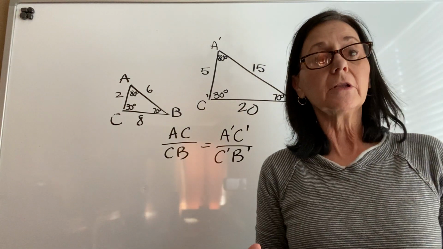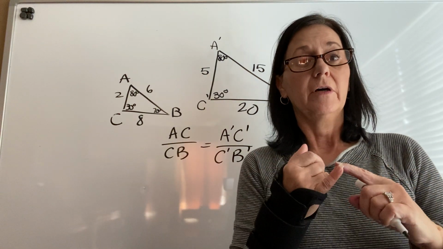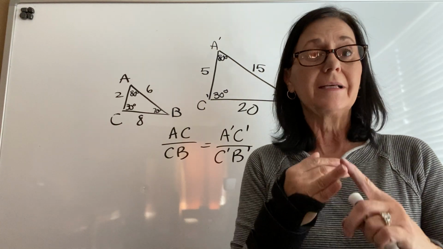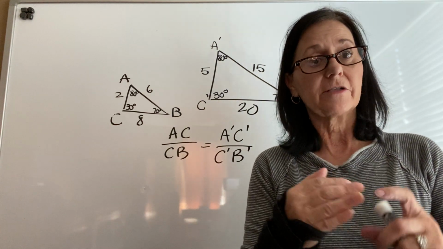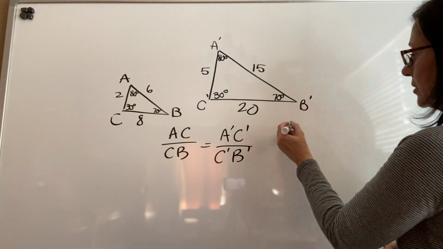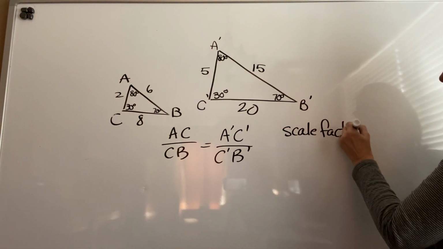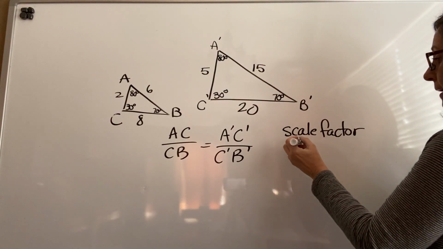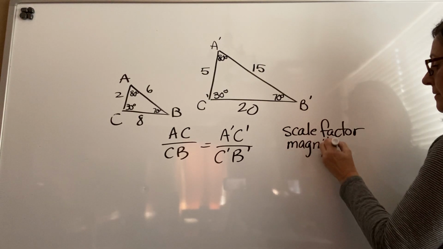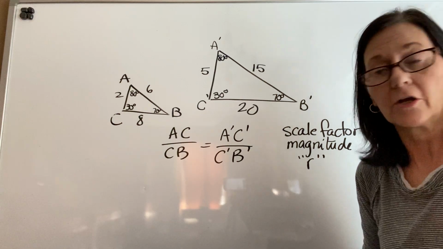Okay, so similar polygons have congruent angles but proportionate sides, such that there's a scale factor or a magnitude. So these are interchangeable terms. The scale factor, that term that I used in lesson 1, is the same as the magnitude or this constant R that we can multiply a term by.